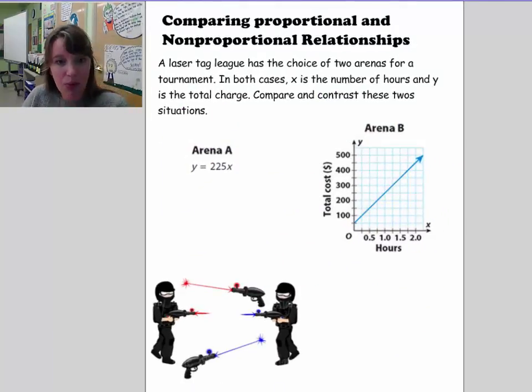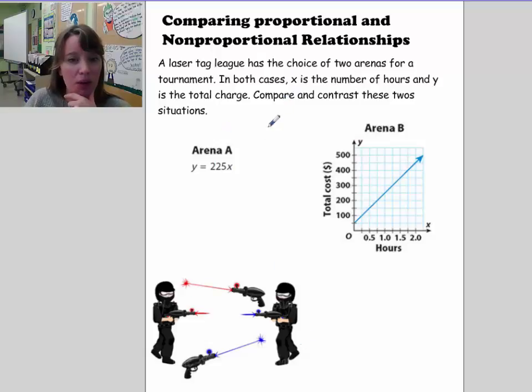Now, the reason why we do this is so that we can compare different pricing schemes for different things. So let's say that a laser tag league has the choice of 2 arenas for a tournament. In both cases, X is the number of hours and Y is the total charge.